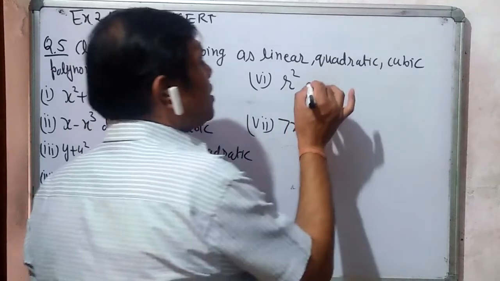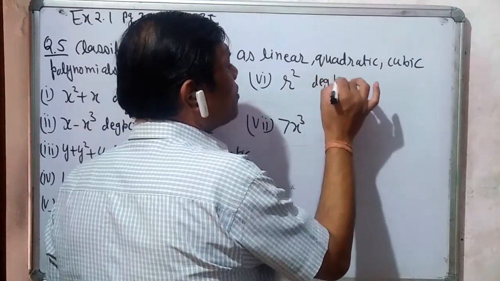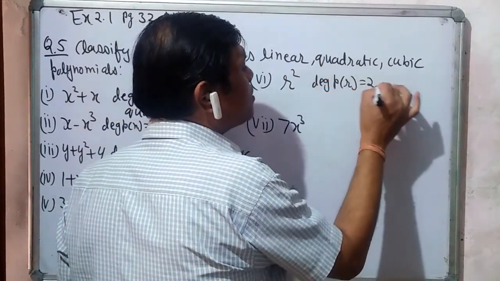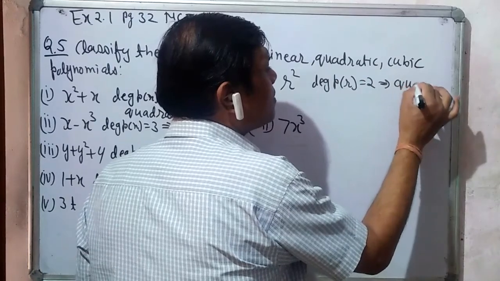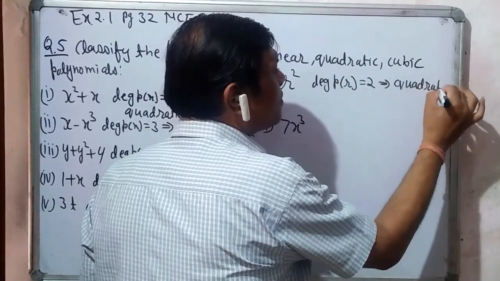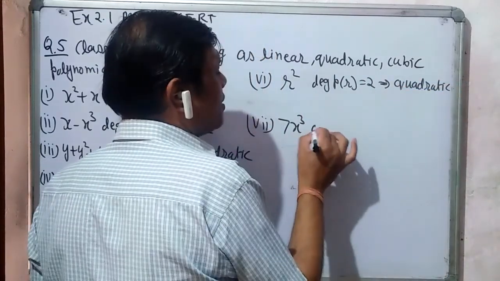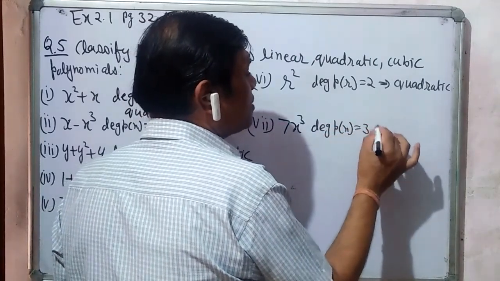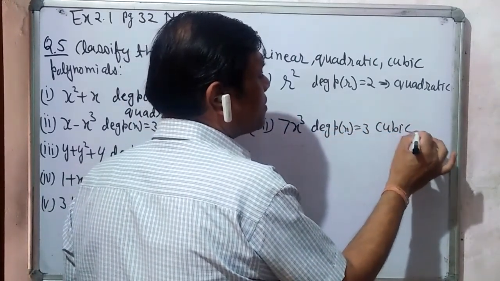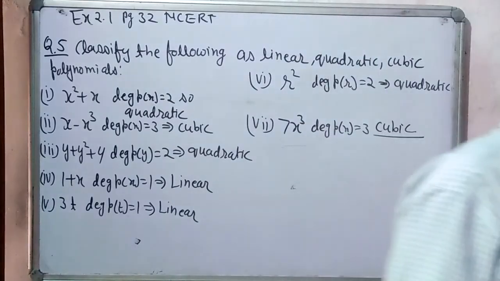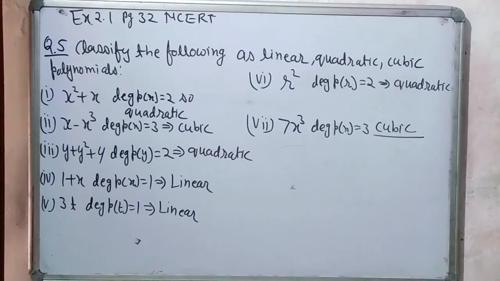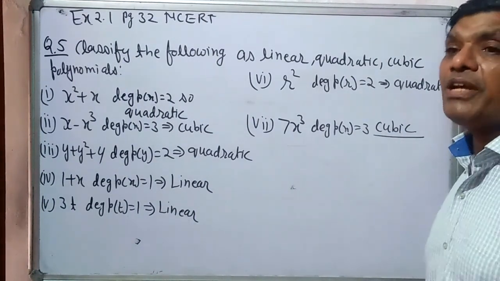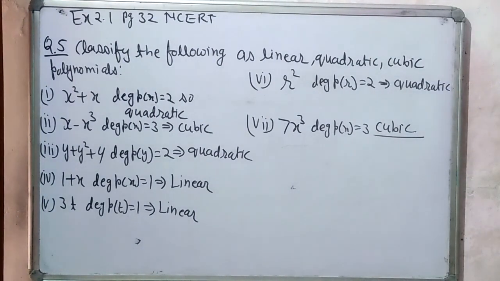Similarly, the degree of the polynomial in R is 2, which implies it is quadratic. And here the degree of the polynomial in x is 3, so it is cubic. Is that simple? So this brings us to the end of exercise 2.1. We'll be continuing with more in the further videos.